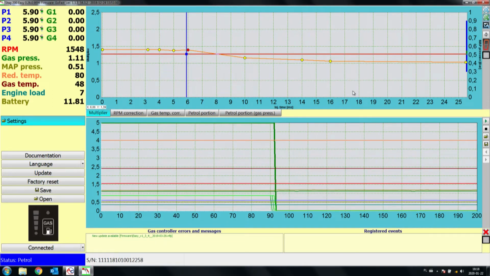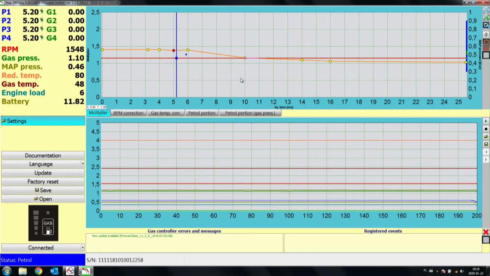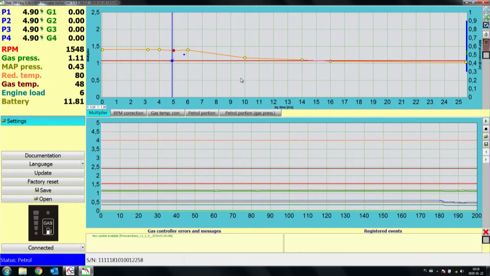Right now, we do not have any lines on the multiplier map. But what we can do is gather some points. I mean, you are driving on the road, and our STAG 200 Go Fast controller is checking what is happening when the car is working on petrol.